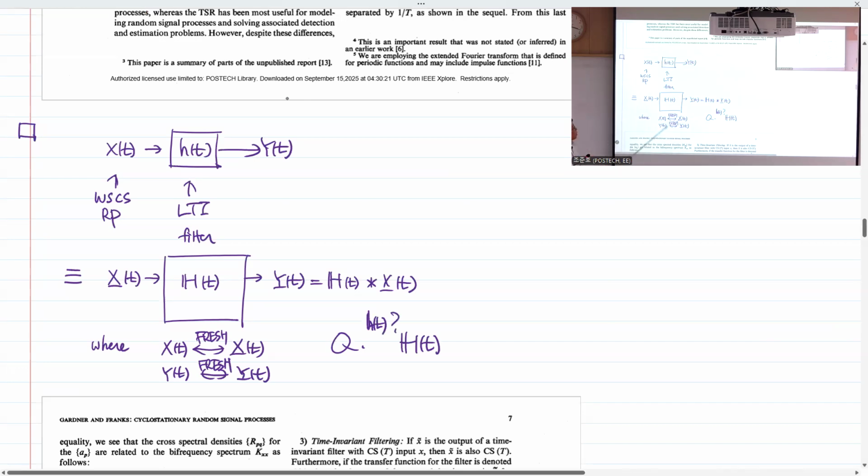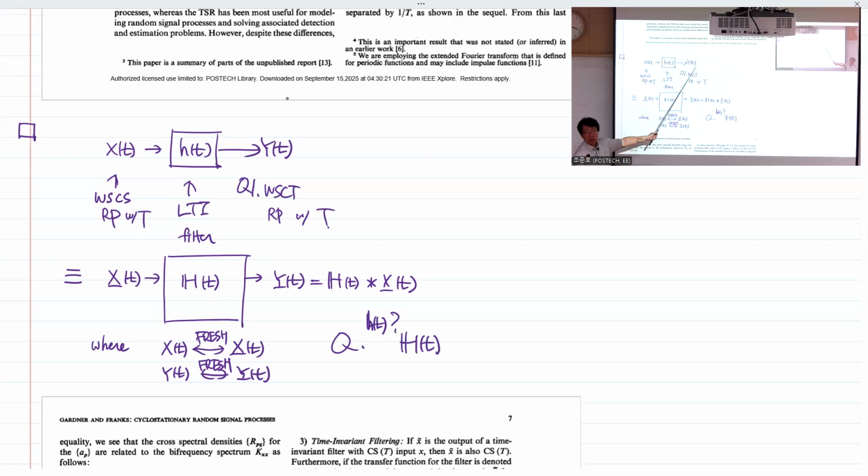So in other words, given an LTI filtering over cyclostationary random process, you will see that the output is also cyclostationary with same period. First question is to show that when you have Y-sense cyclostationary random process and LTI filter, you have Y-sense cyclostationary random process output. That is the first thing you need to show.